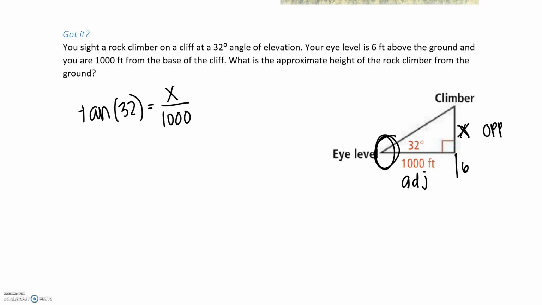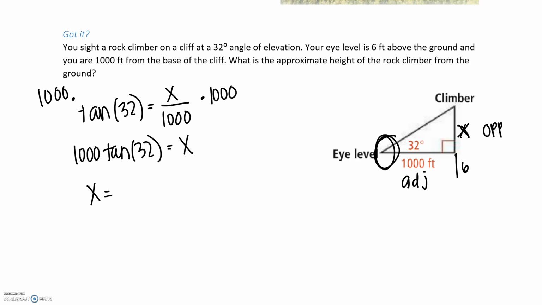Okay, so to solve for that, we're going to multiply both sides by 1,000 to get X by itself, which leaves us with 1,000 tangent of 32 equals X. So our X, when we put this into our calculator, is going to equal about 624.9.